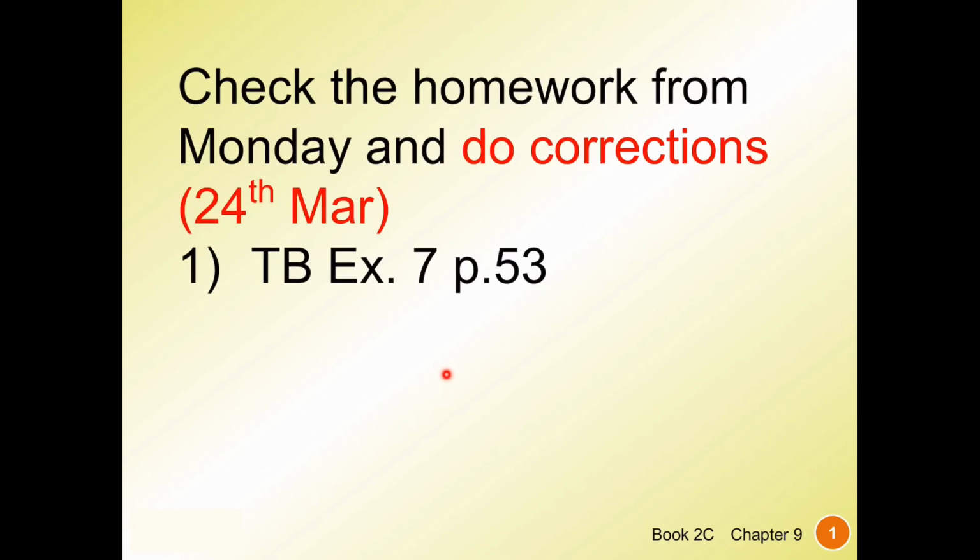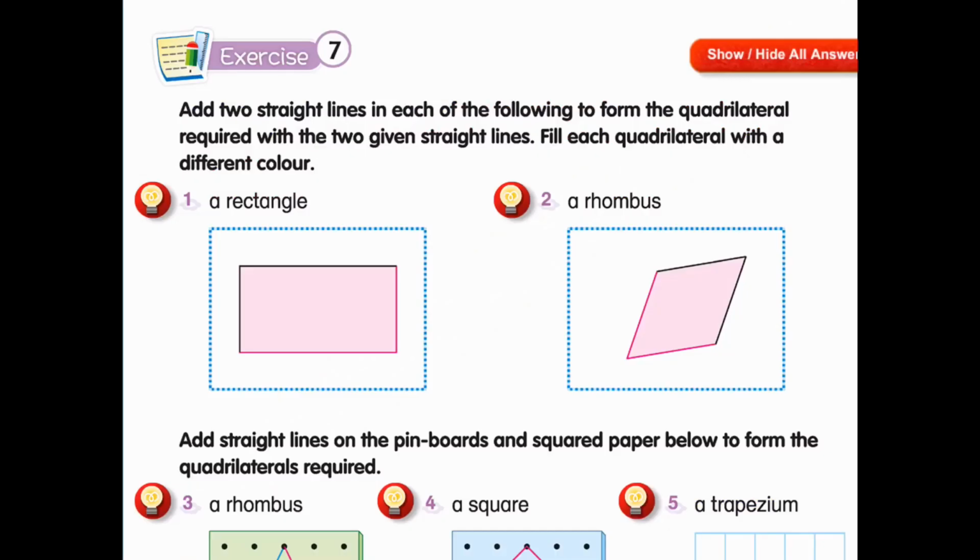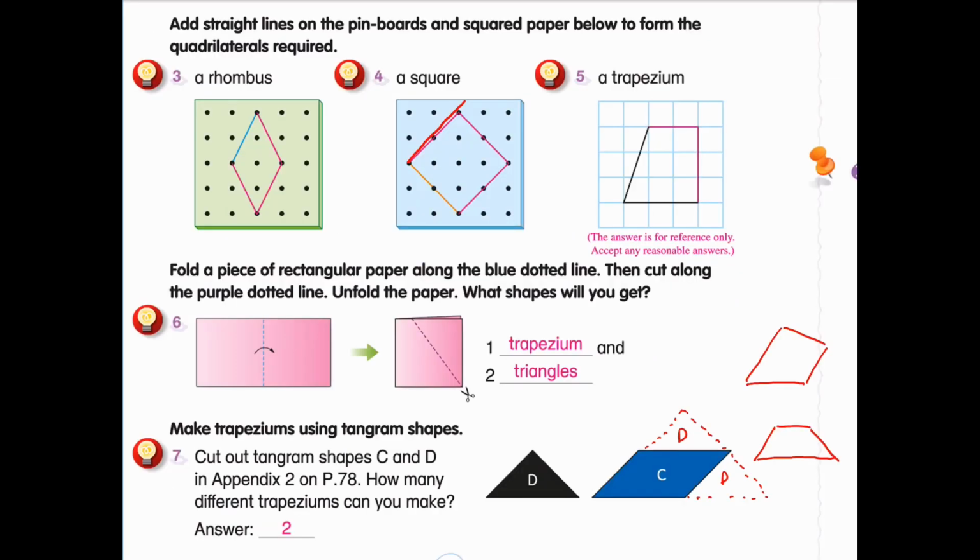So let's check our homework from yesterday, and it's textbook exercise 7, page 53. And remember to do the corrections if you didn't get the answers correct. For question 1 and 2, I won't spend too much time talking about it. It's pretty straightforward.